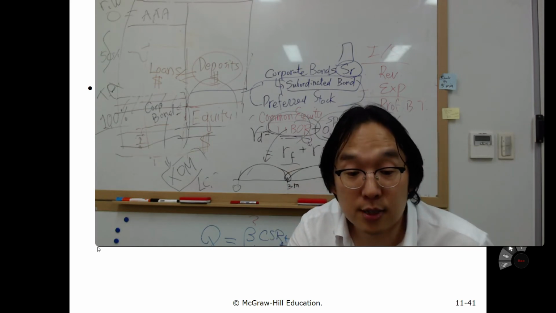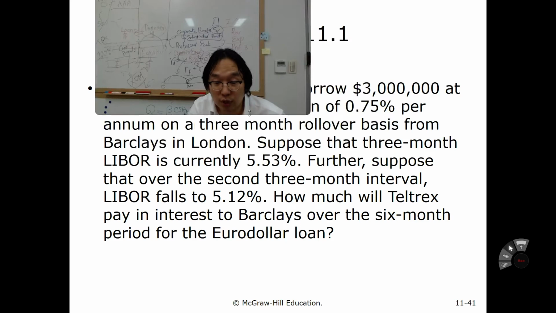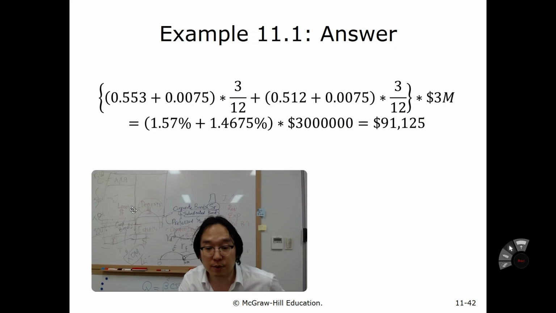Now, let's see. LIBOR is currently 5.53%, and later on 5.12% for the second 3 months interval. How much will Teltrex pay in interest to Barclays over the 6 month period for the Eurodollar loan? Here is the calculation.